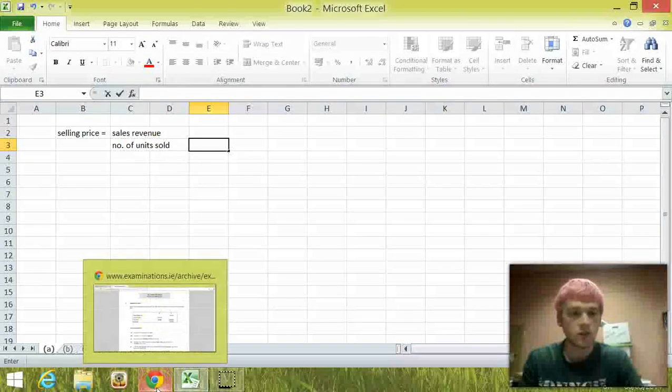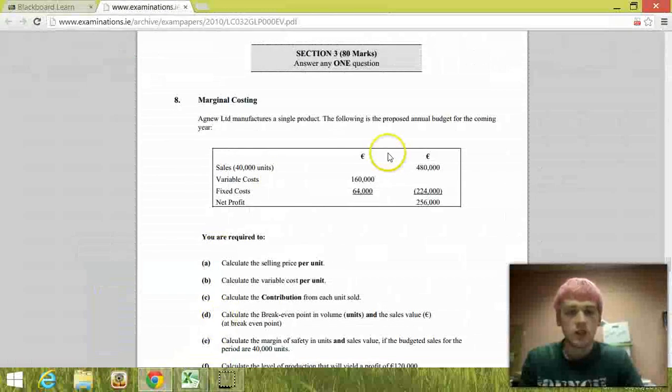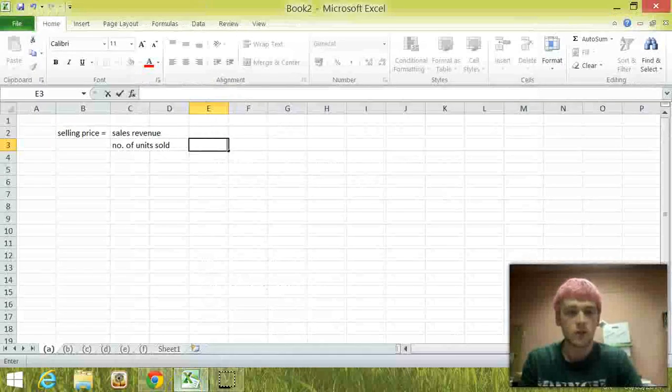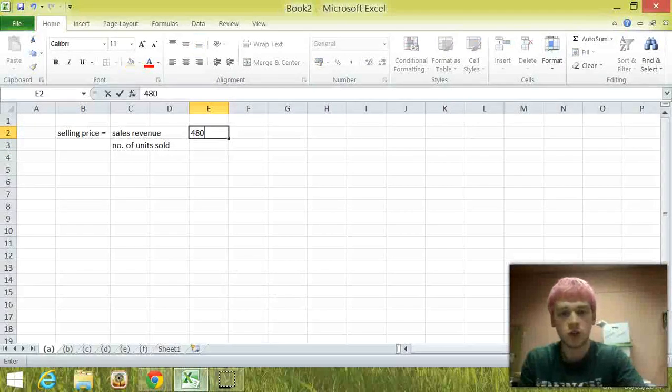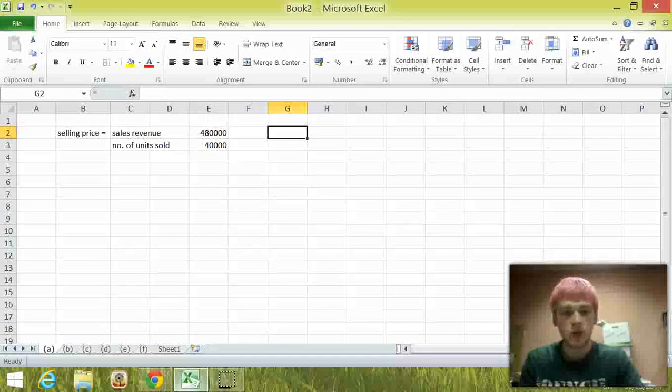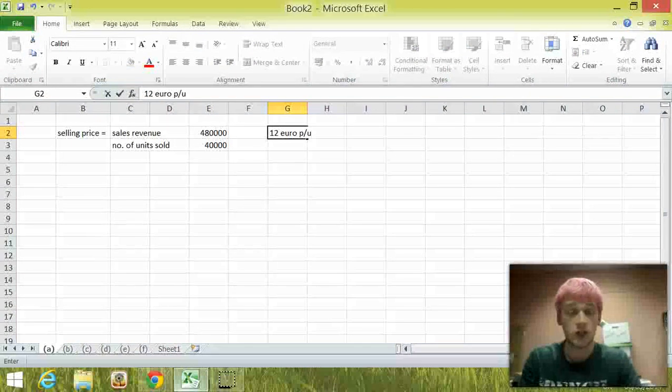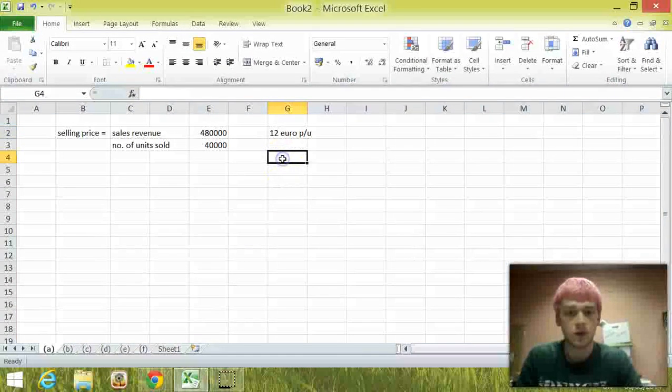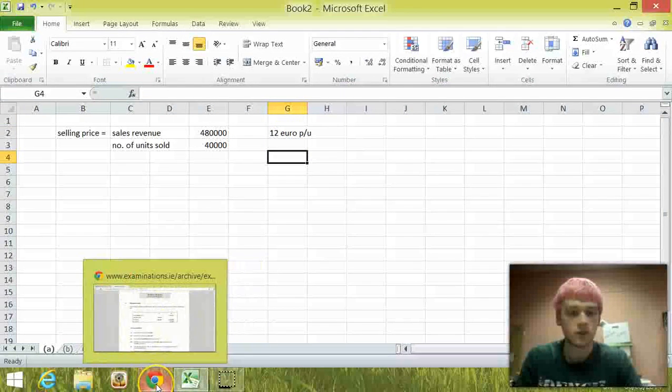Going back to the question, we have sales revenue of €480,000 and a total of 40,000 units sold. So we get 480,000 divided by 40,000 units sold, and we get an answer of €12 per unit as our selling price. So it's €12 for every unit sold.